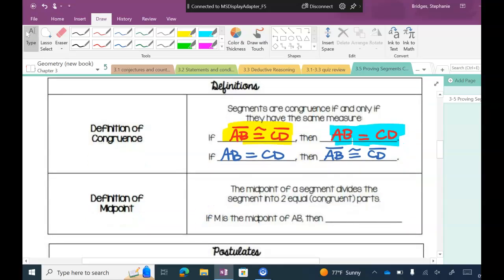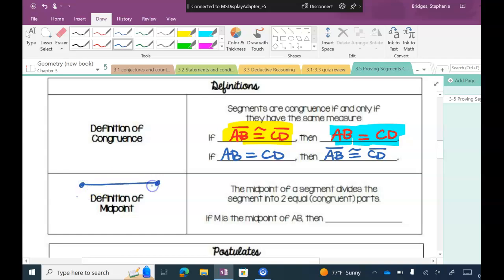Another definition that we will use in our proofs is the definition of midpoint. It says the midpoint of a segment divides the segment into two equal or congruent parts. So if M is the midpoint of segment AB, let's draw a picture.